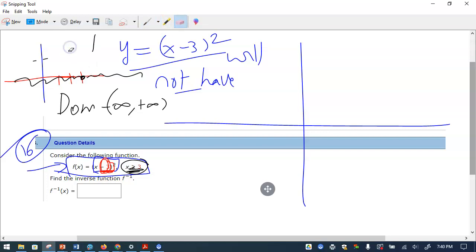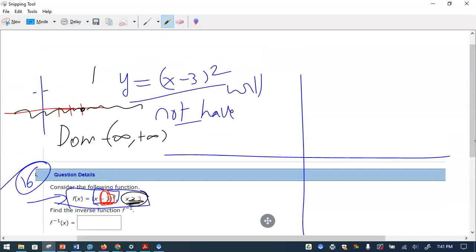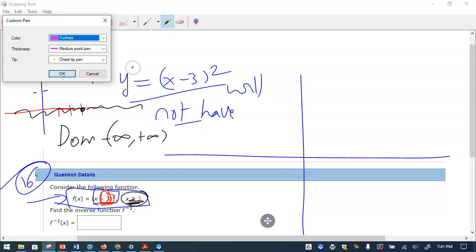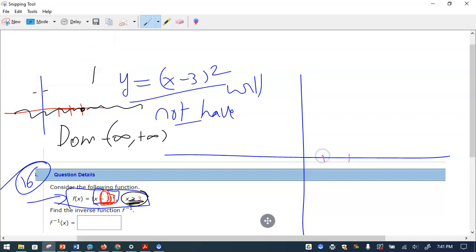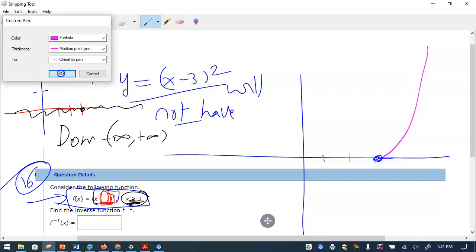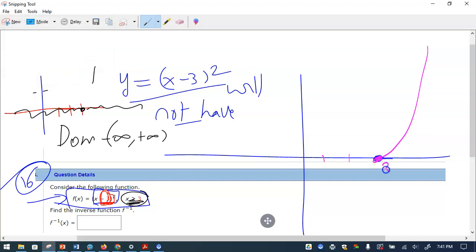The left portion is cut off, so the graph here is only the part at 3. It is not the whole parabola, but only this much. So this is the graph which starts at 3.